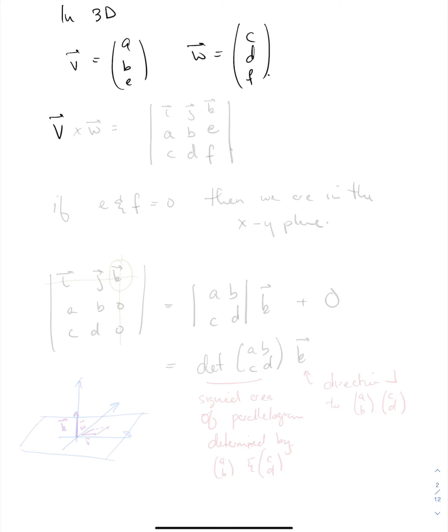Then we know from calculus that the cross product of these two vectors is going to be the determinant of i, j, k, these vectors, and the transpose of v in the first row and the transpose of w in the second row. We can get a visual on what's going on just by doing this example where e and f are 0. This pushes it back into the xy plane.